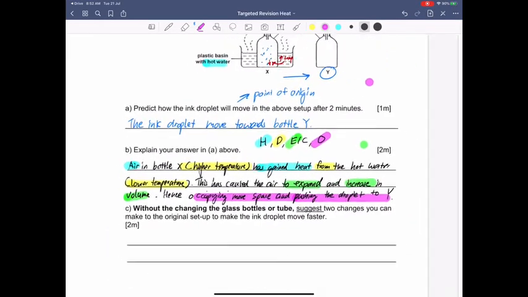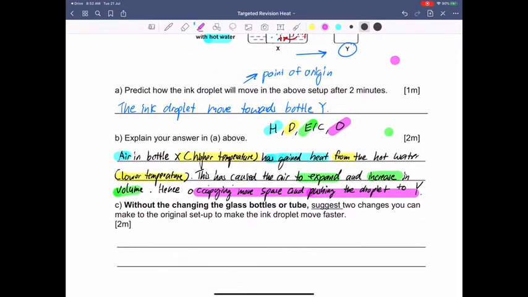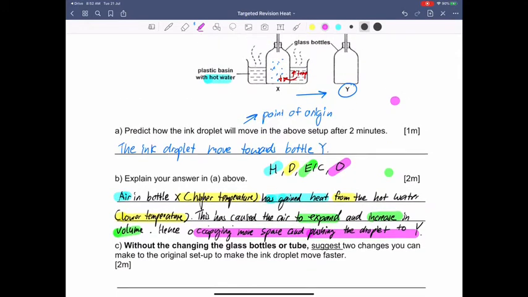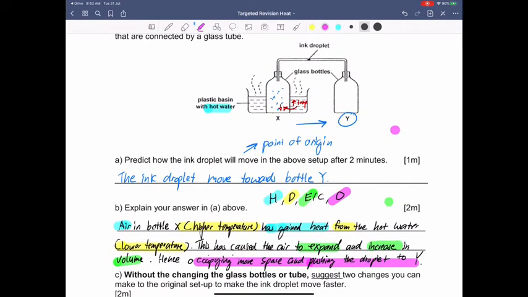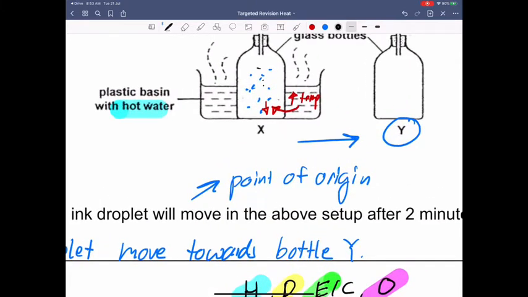All right. So next part of the question, C. Without changing the glass bottle or tube, suggest 2 changes you can make to the original setup to make the ink droplet move faster. So in this question, you know it's contraction and expansion, right? So if you want the ink droplet to move this side faster, then one of the ways is actually to cause your gas particles to expand faster, correct?